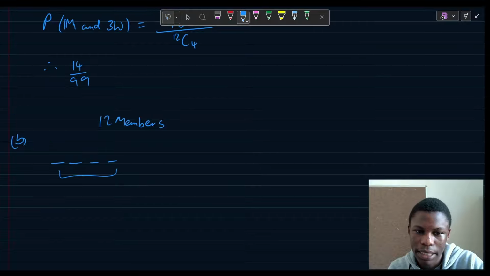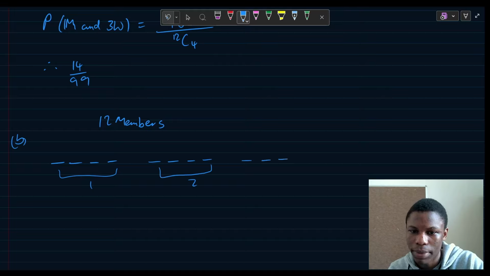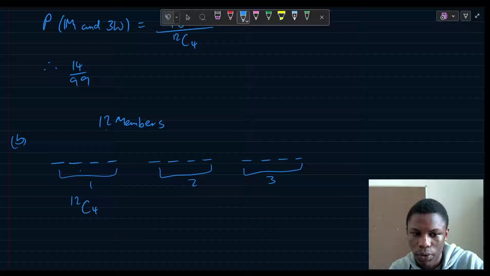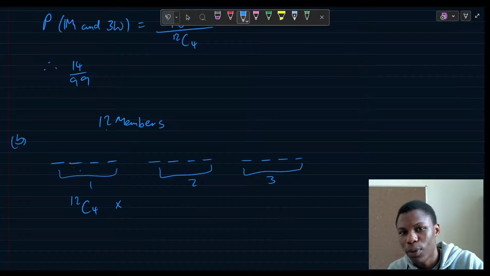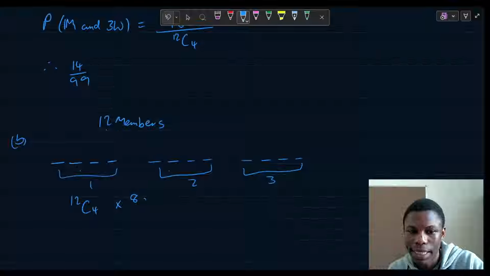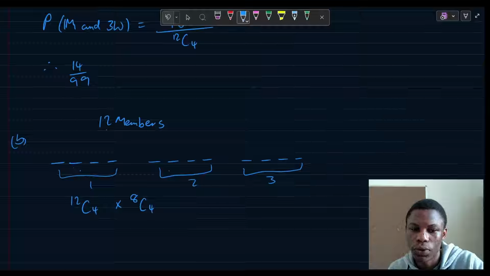So I've got my first team here. And then I want my second team of 4. And then I want my third team of 4. So in team 1, I've got 4 slots and I'm choosing from 12. So I'm going to say 12 choose 4. But once I've put 4 people into team 1, I can only select from the remaining 8 people. So in team 2, I've got 8 to pick from and I want to choose 4.